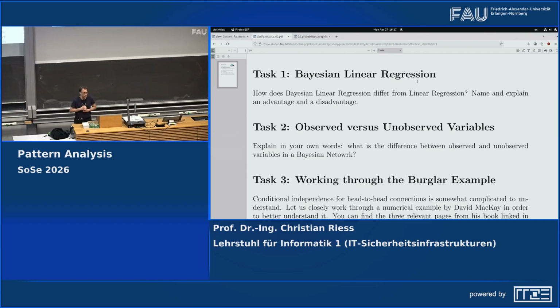What do you recall, or what made sense or did not make sense from this concept? We can also start with standard linear regression. How does standard linear regression work?